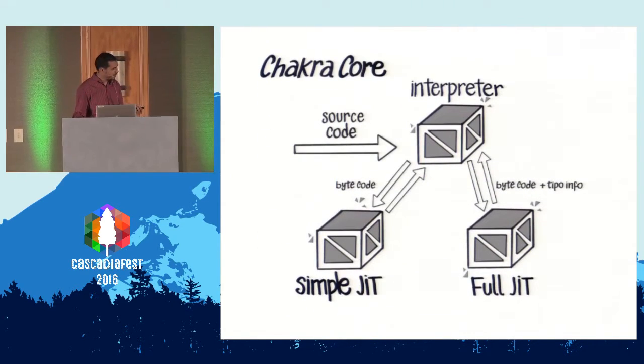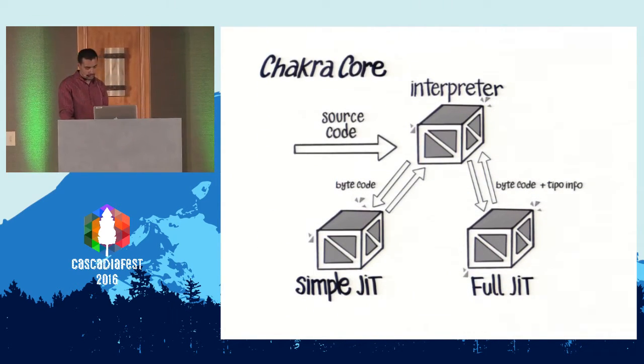ChakraCore shares a similar architecture to SpiderMonkey. It has an interpreter, a non-optimizing compiler, also called SimpleJIT, and an optimizing compiler called FullJIT. The interesting part is that it can fire additional threads to compile or to run the garbage collector. As Nolan said yesterday, once garbage collection is running, your script will not be running.